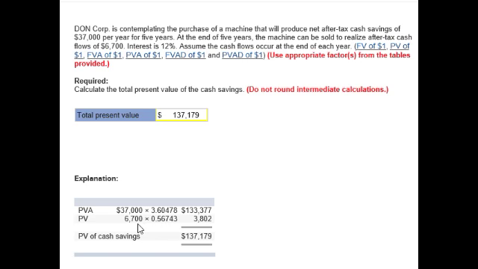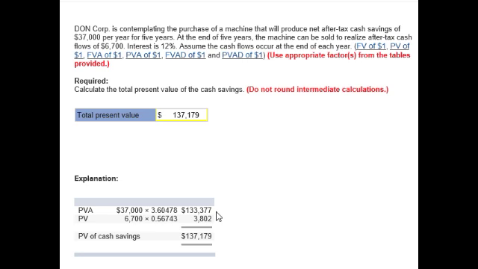Because that $6,700 is going to come to me in the 5th year, not today, today's value is smaller than $6,700. So you have two separate cash inflows. One is a one-time $6,700 that's going to happen in the 5th year. The first one here is an annuity. Every year you're going to get $37,000.